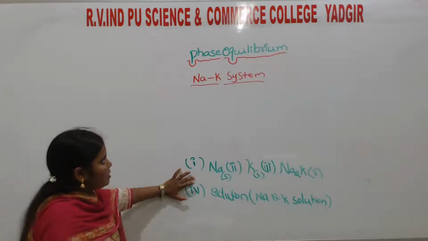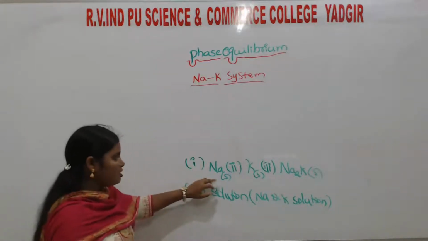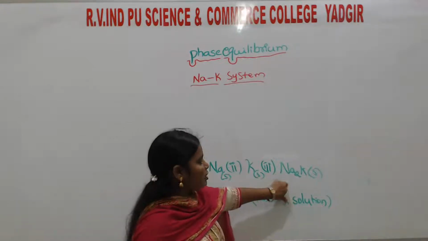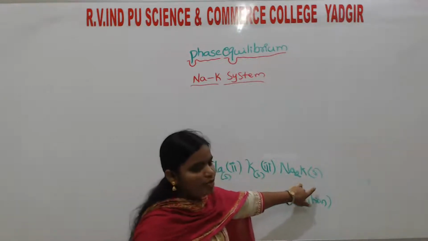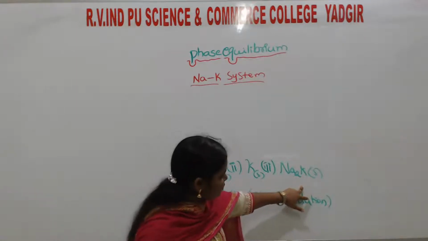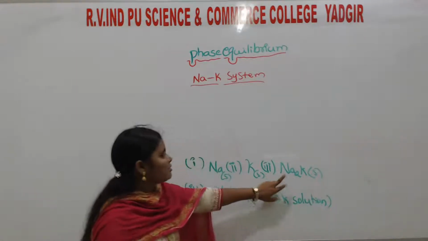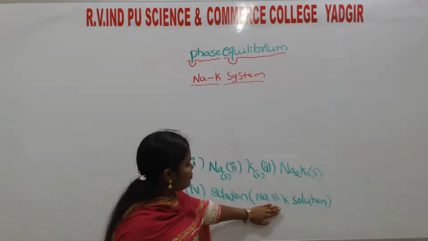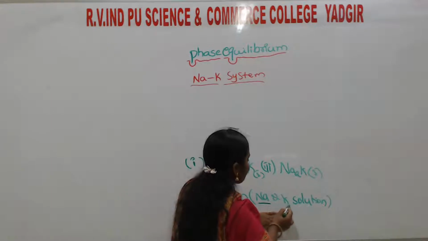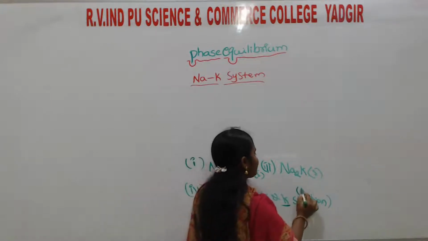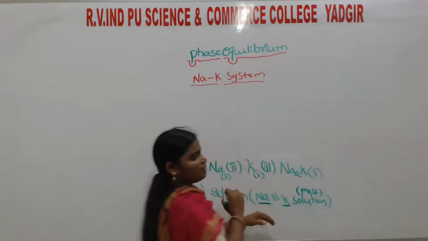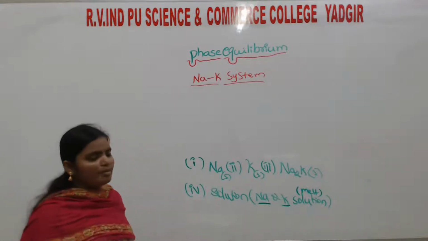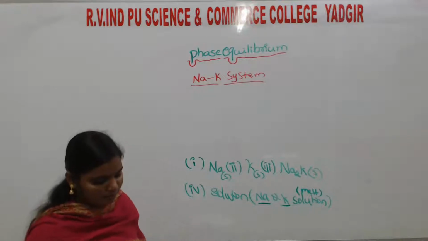These 4 phases are present in the sodium potassium system: solid sodium, solid potassium, the new solid sodium potassium formed by the unstable decomposition as the third phase, and the fourth one is the solution, where sodium and potassium are replaced by the melt.